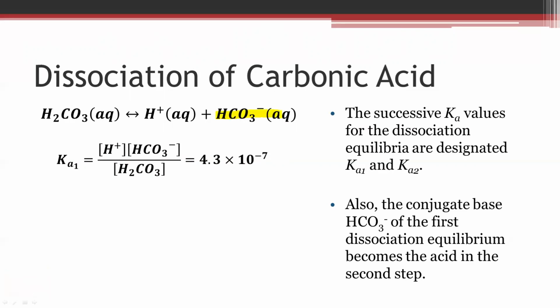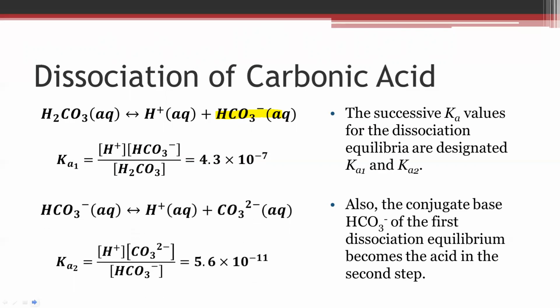But this is going to be important right here. The conjugate base from the first step, when you lose only 1 proton, notice how there's still an H there because there was a 2 to start, and it has a -1 charge because it was normally neutral. Then that conjugate base, if you were to do another calculation, becomes the acid in the next step. So it's right here again.